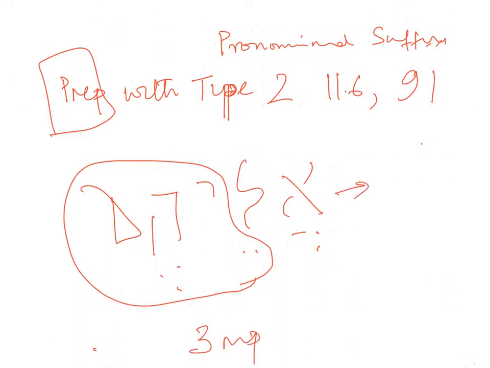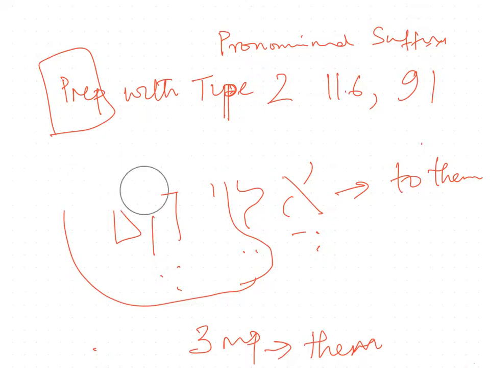This is a preposition, so the preposition is to, and this is translated objectively, it is them. All right, do not translate possessively as theirs. This is objective value, so it's to them. Okay, so this is what you need to remember. That's it.